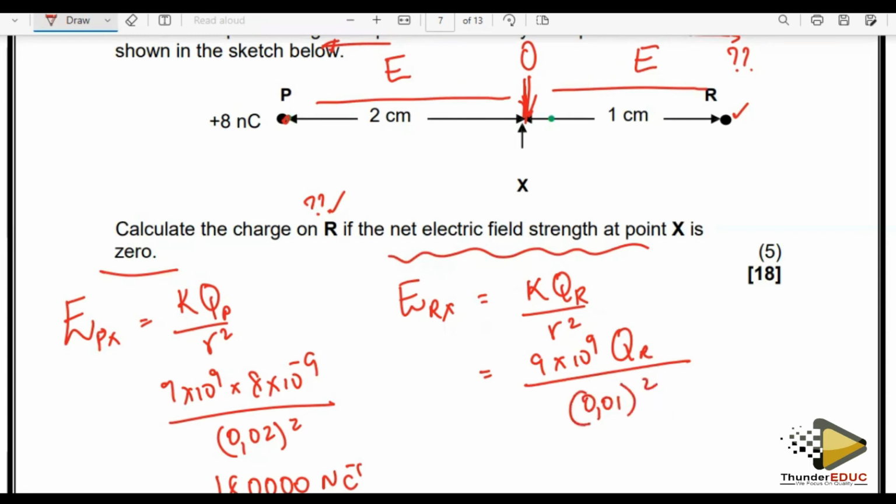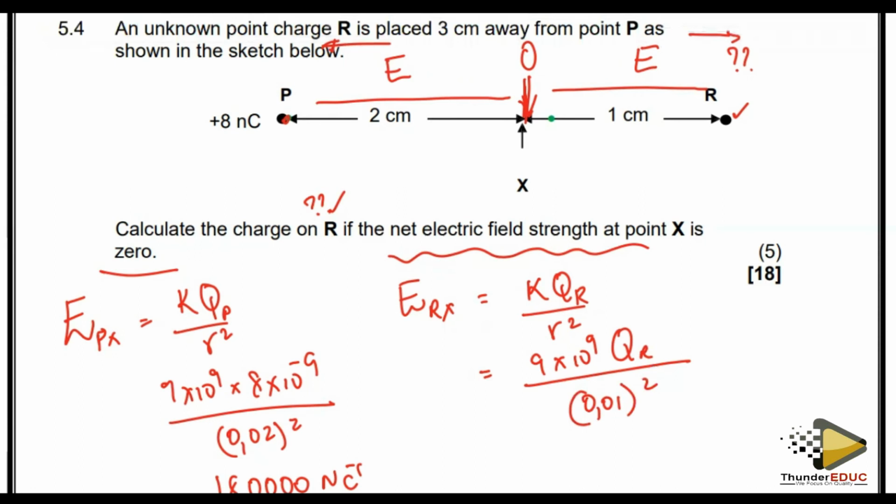So when I try that, I'm having 9 times 10 to the 9 times 2R.